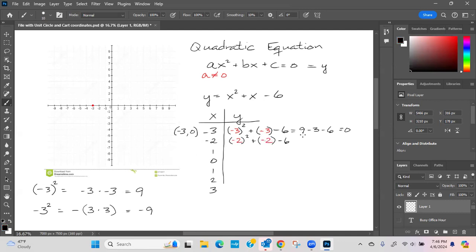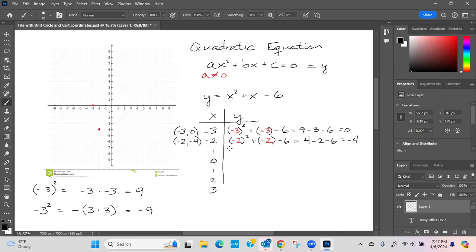So now I have -2 times -2, that's 4, plus -2 is -2, and then -6. 4 minus 2 is 2, minus 6 is -4. So I have the point -2, which is the x we chose, and the -4, which is the y we got out when we plugged in the -2. So I come over to -2, and the y is -4 from that. So I drop 4 and put a dot.